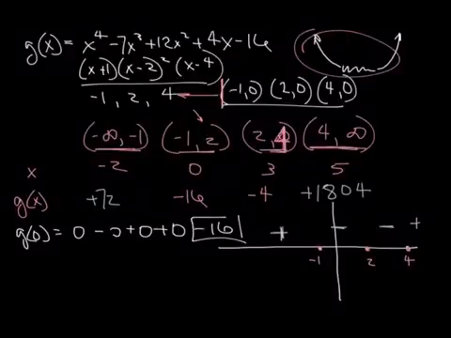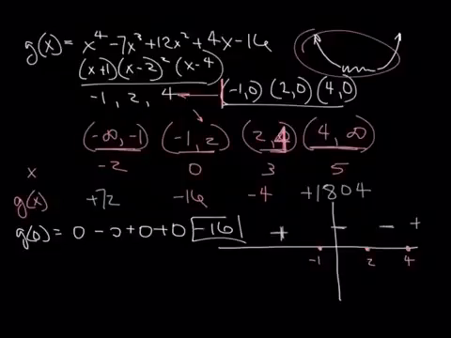So what this is going to do, and let me get green here. This is going to come down here, cross at negative 16, and then it's going to come back up to 2, 0, touch that point, not cross it, come back down, and at a certain point down here it's going to cross and then go back up there.